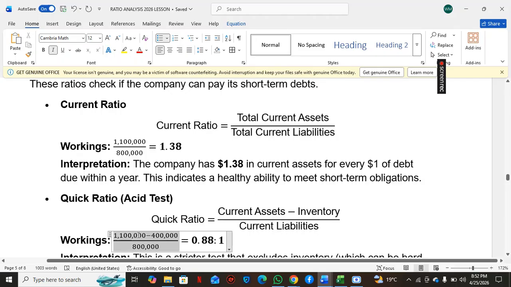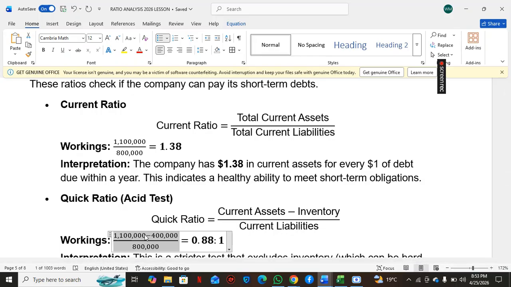So if you do 1,100,000 minus 400,000, that is 700,000, divided by 800,000.